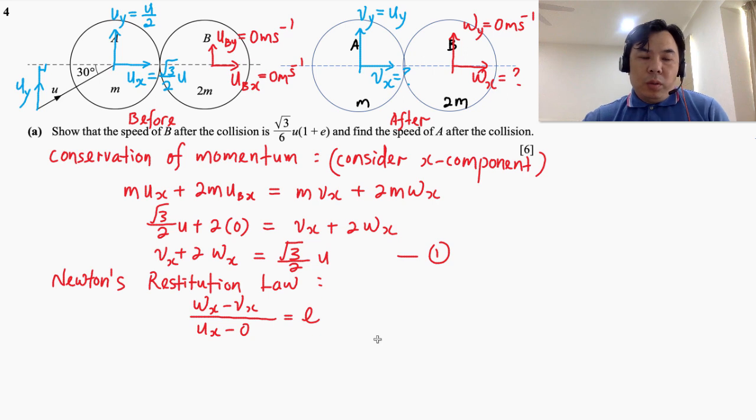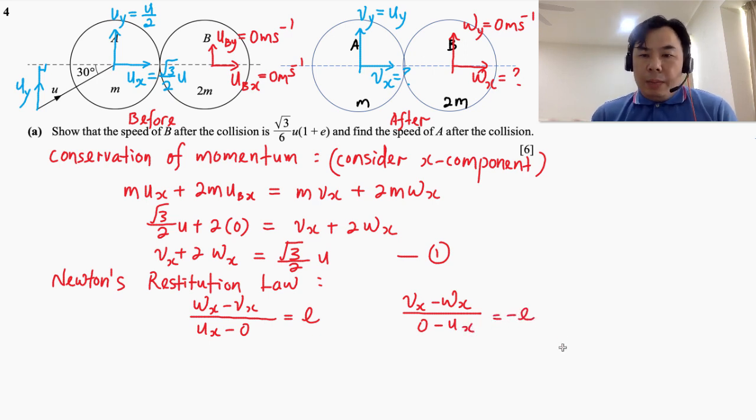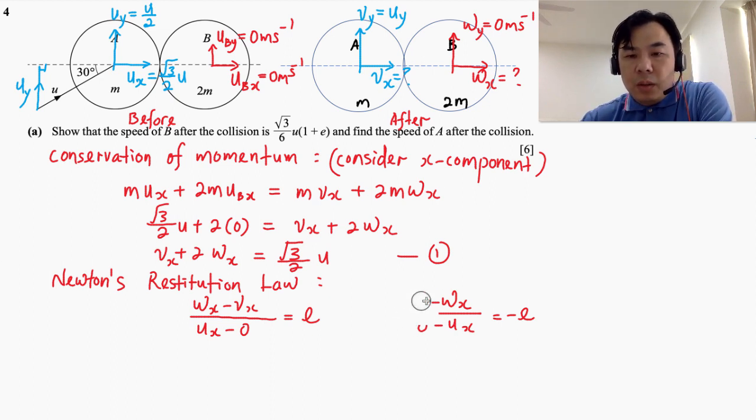I know that most of the textbooks are using this version, negative e, right? But I'm not a negative person here, so I prefer to use the positive version. If you prefer the negative version of it, you can always use it, but they yield the same result here, right?